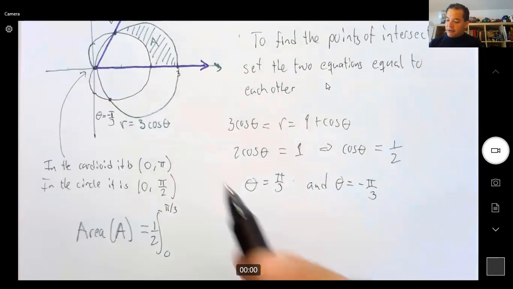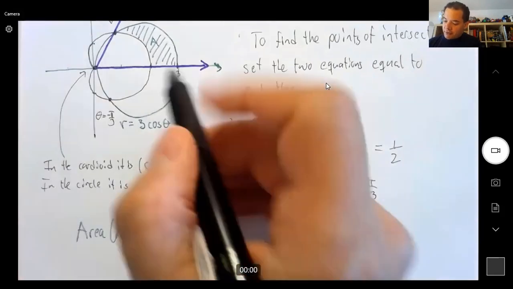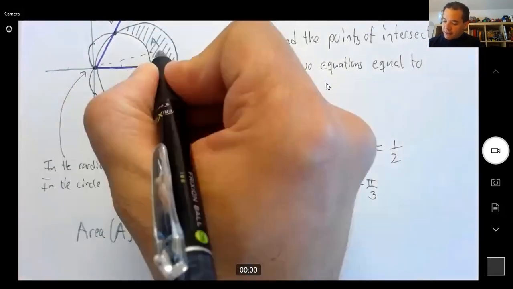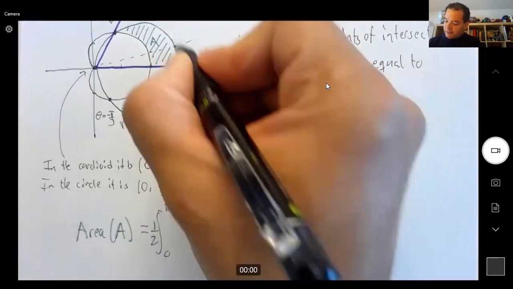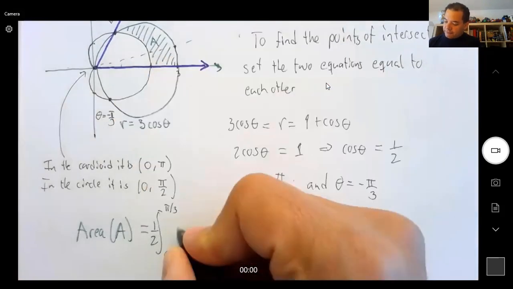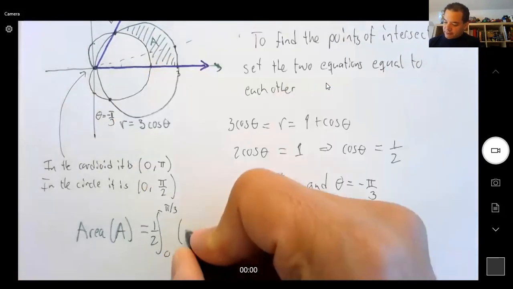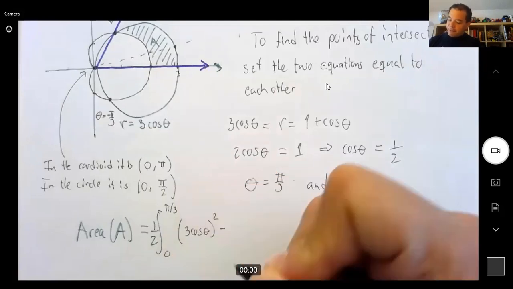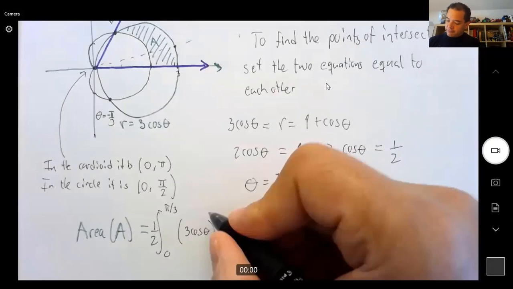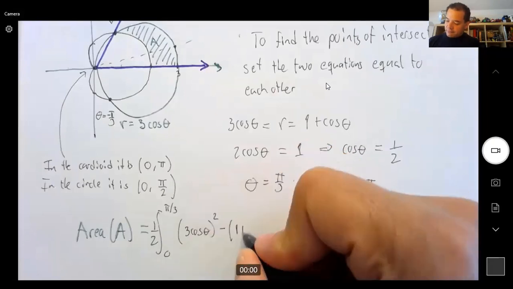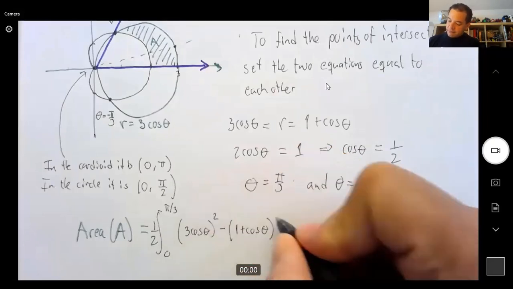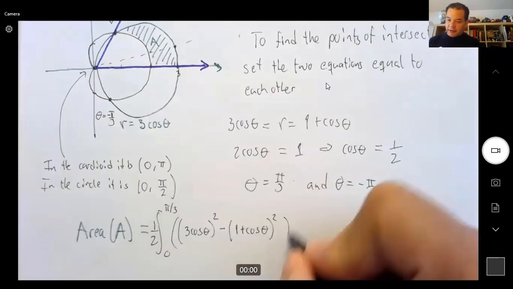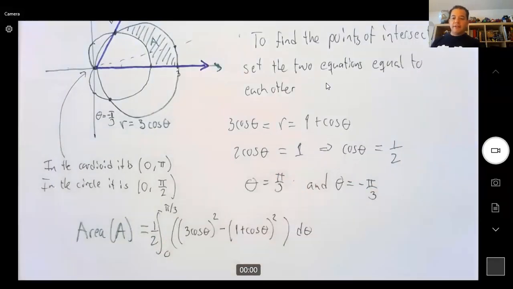And then it's the outer function. The outer function is the one that you find farther away. In this case, it is the circle. So it's the outer function square minus the inner function square, d theta. All right, and that's it.